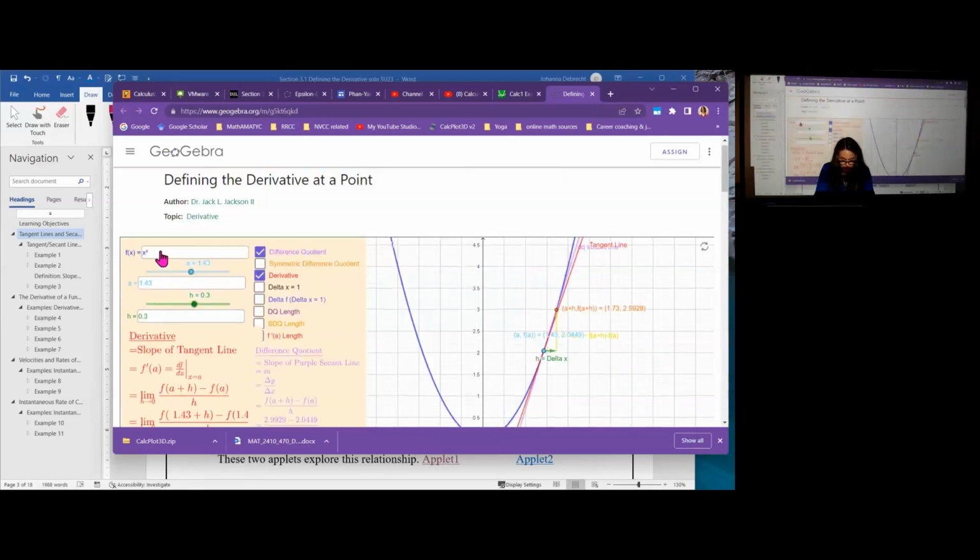Let's put up the following. I'm going to try x minus 2 times x minus 3 times x plus 4 times x. Okay, hit return.